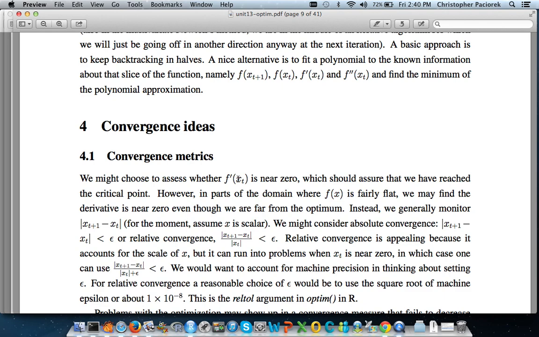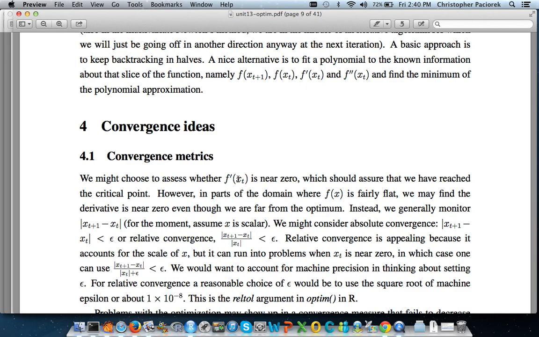That's actually not something people usually do, and the reason is, suppose that my function is fairly flat, like this. If I decide that I'm near enough to 0, say that f prime of x_t is no bigger than 0.001, I say, oh, that's pretty close to 0, I'm willing to stop.